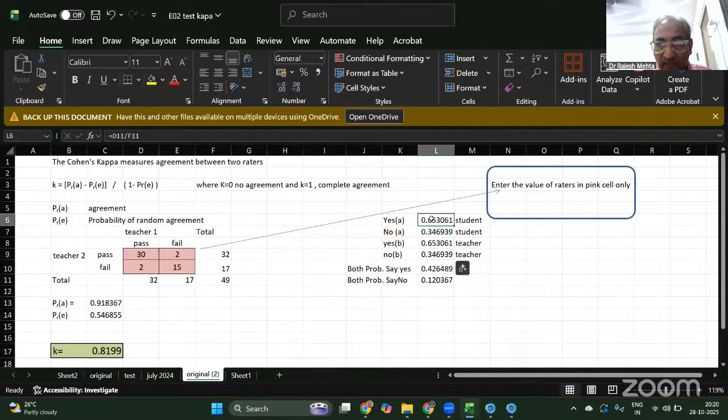Now from where this yes comes is D11 by F11. D11 is this, by F11 is this. So when they say yes, this is for teacher 1, 32 divided by 49, that is the probability over here. And for B, the probability here, F9 upon F11.